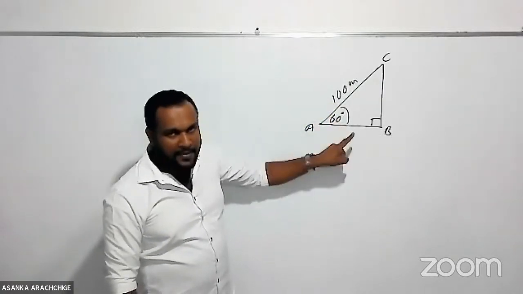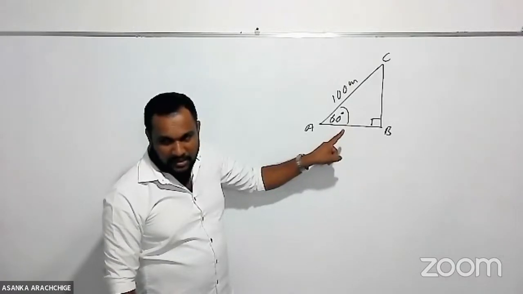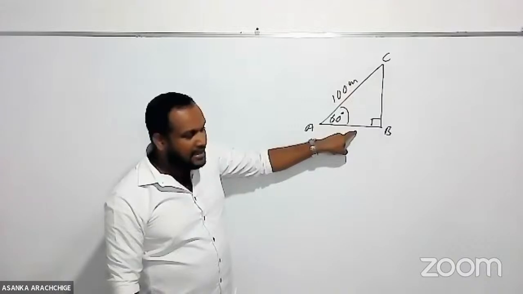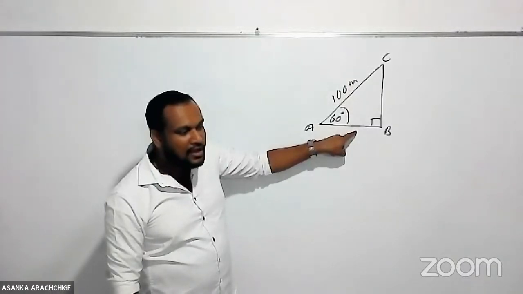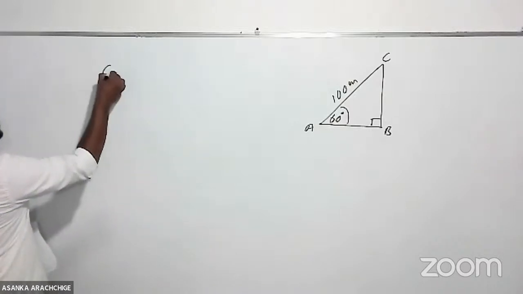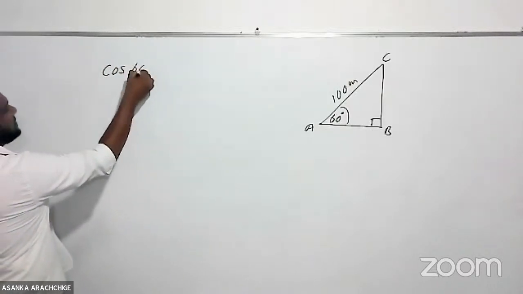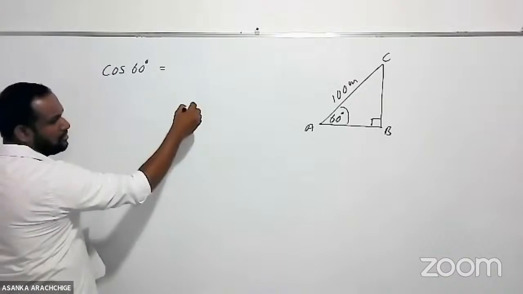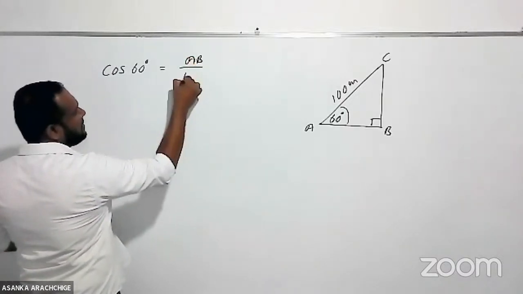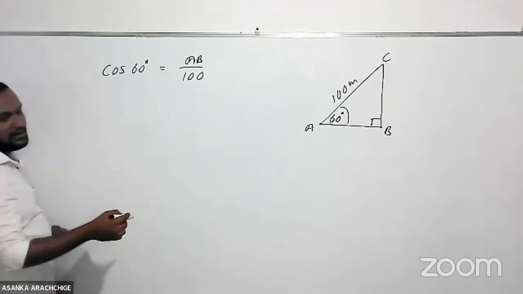Which trigonometric ratio is obtained from the hypotenuse and the adjacent side? Cos. Cos 60 degrees equals adjacent AB divided by hypotenuse 100.